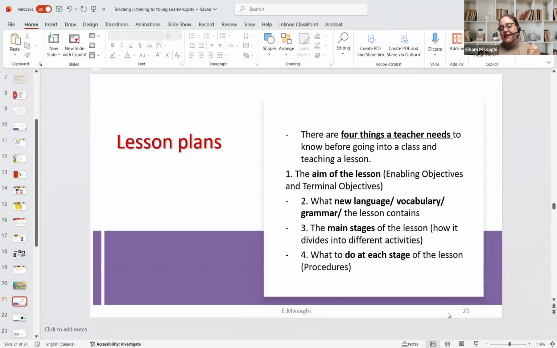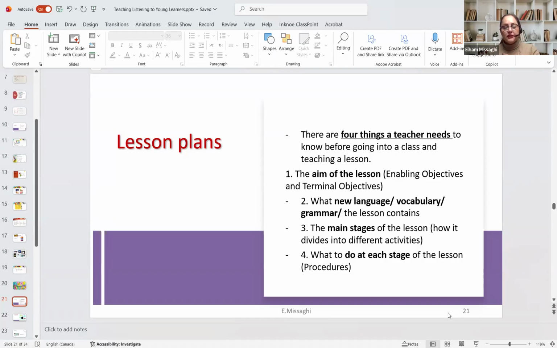Now, what is next, you ask yourself? Okay, what are my stages? How am I going to teach this? How am I going to teach the vocabulary? How am I going to review the grammar? What activities do I need to prepare for the class?